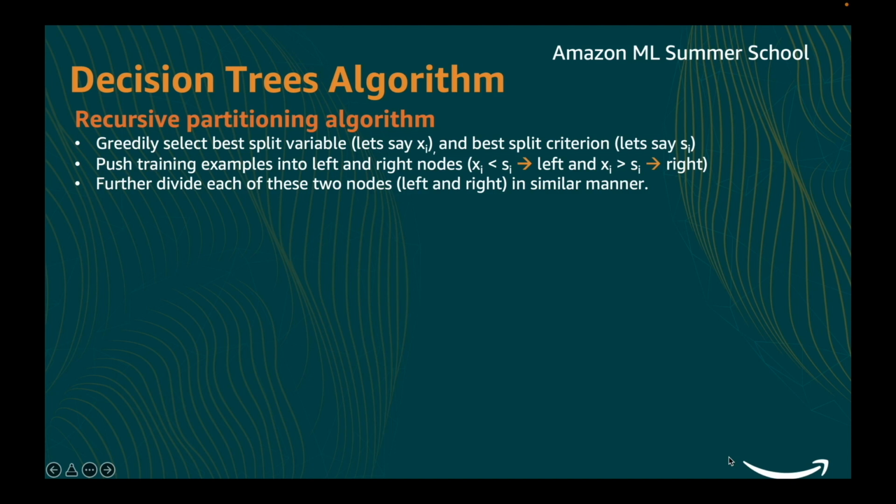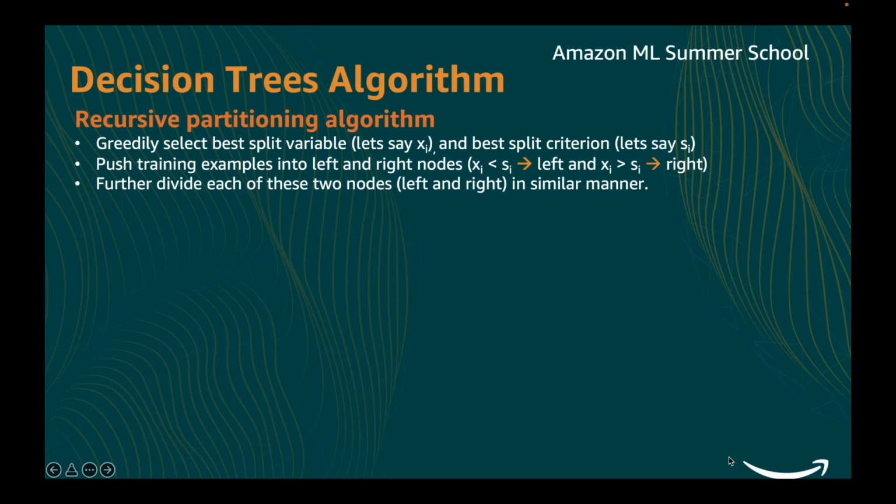So let's say that the attribute which gives the best split criteria is x1, and the best split criteria, that is the value of that attribute, is s1. So what we do is, once we've selected this best split criteria from all of the criteria available, we push all the training examples into the left node or right node based on their value of this attribute.